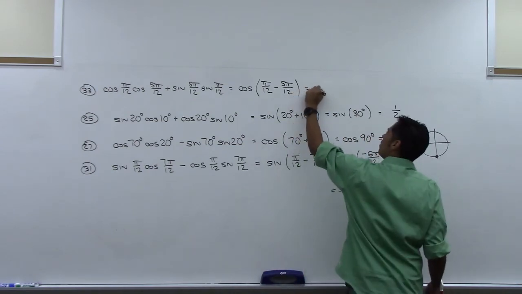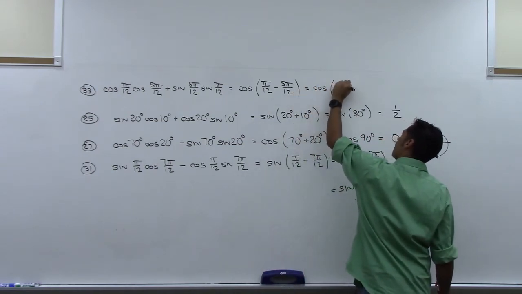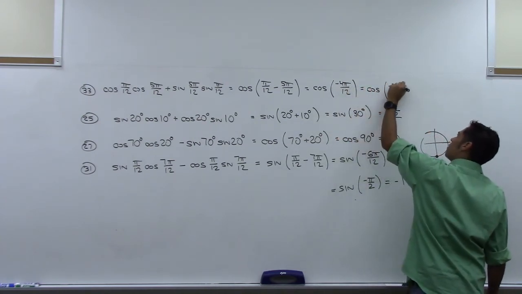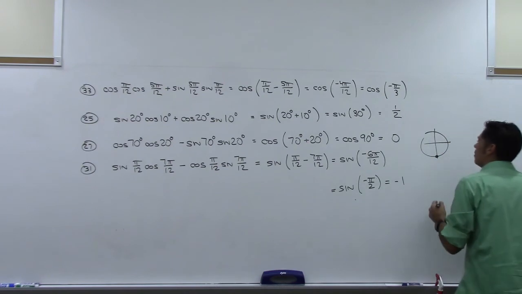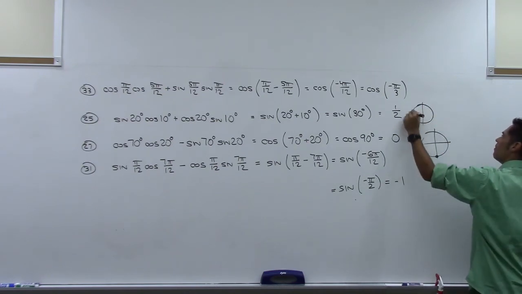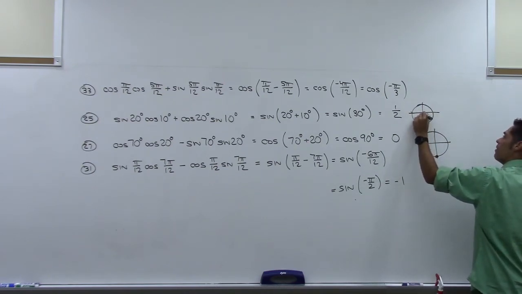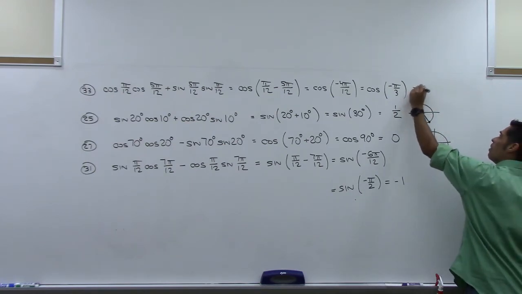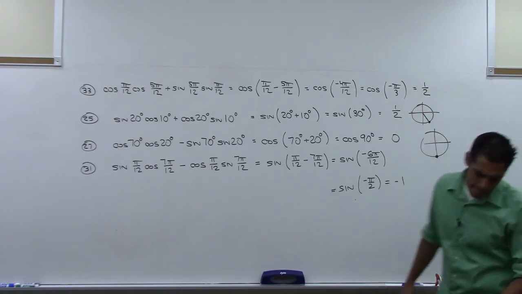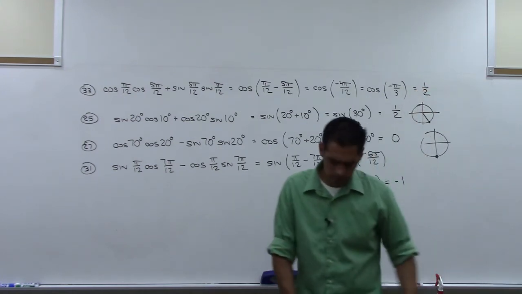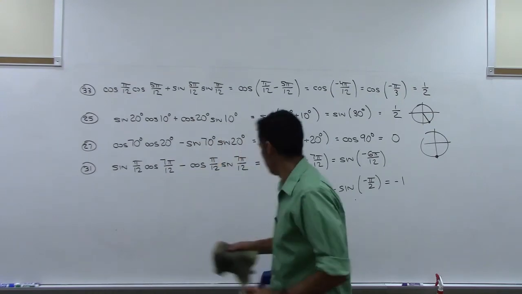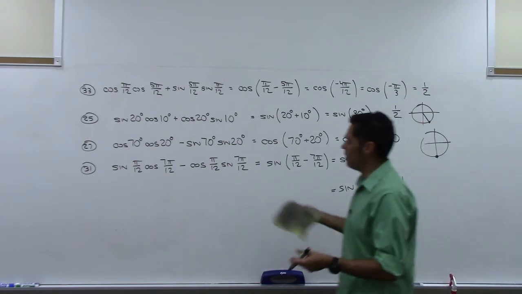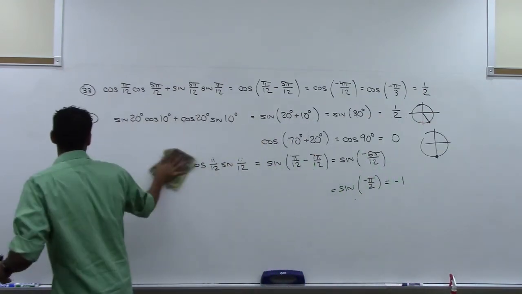So this is cosine of negative 4 pi over 12, which is cosine of negative pi over 3. And negative pi over 3 on the unit circle is, pi over 3 is right there. So we want the x coordinate there, and that should be 1/2. Okay, so that's it for 33. So that's just you recognizing the formulas for the sum and difference for sine and cosine, but backwards.